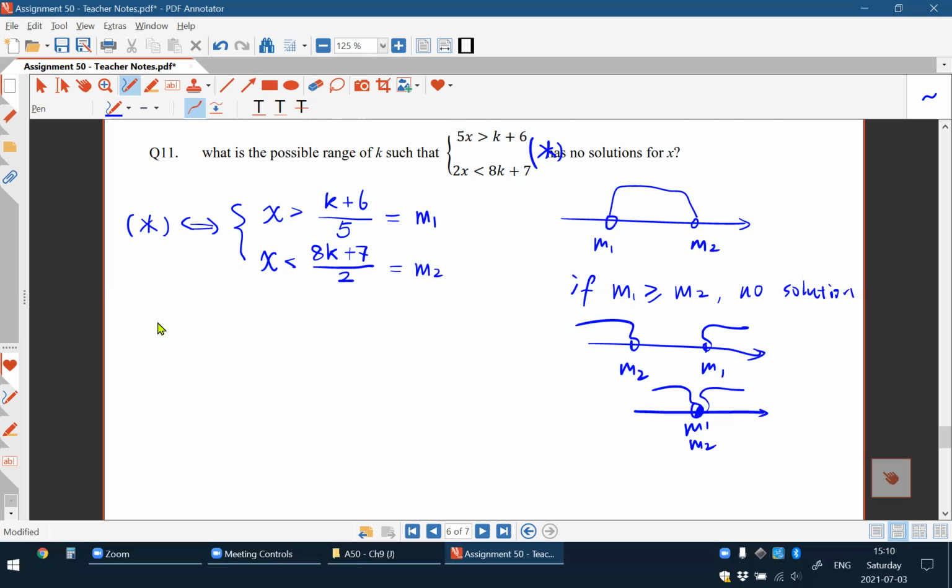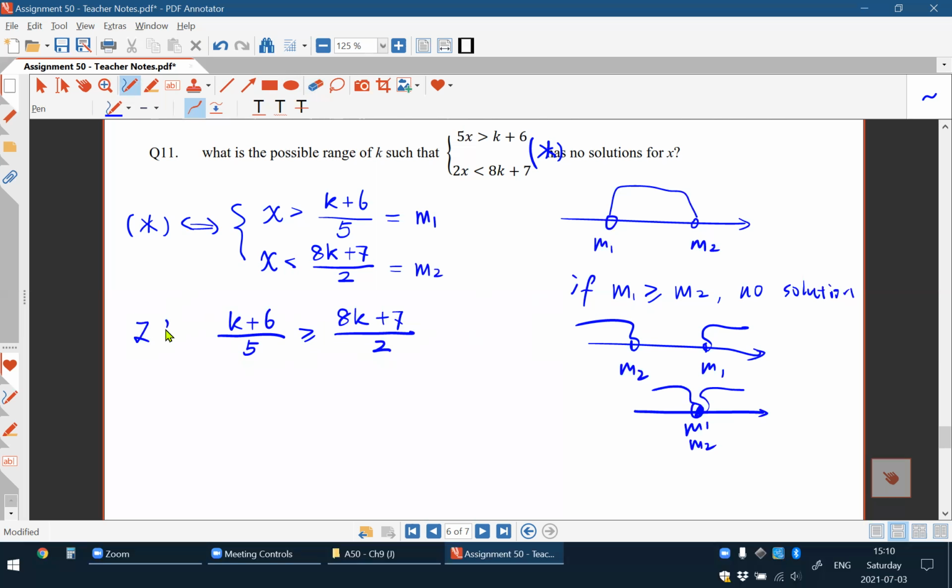That means we can let M1 be k plus 6 over 5, and M2 be 8k plus 7 over 2, right?